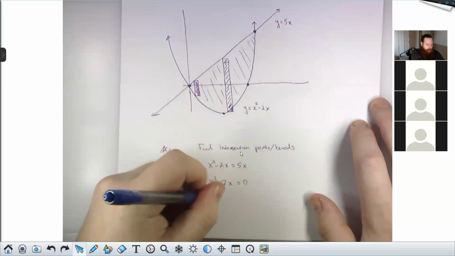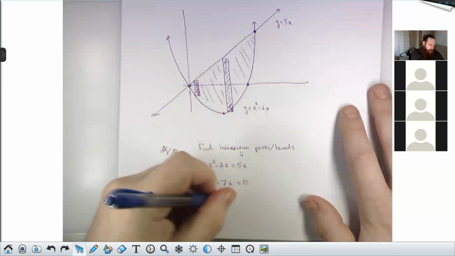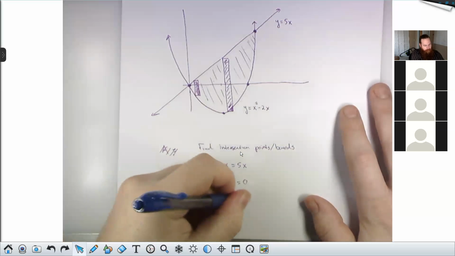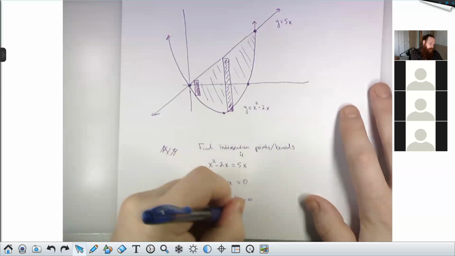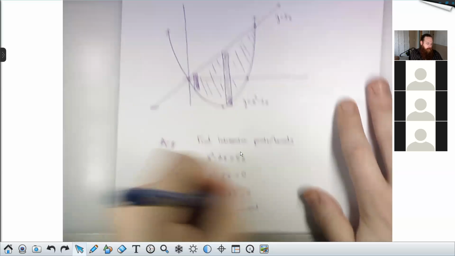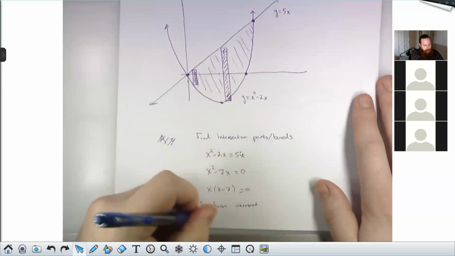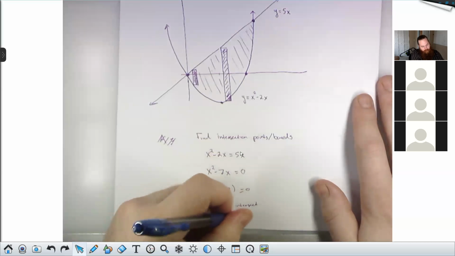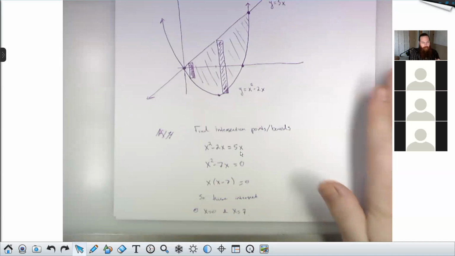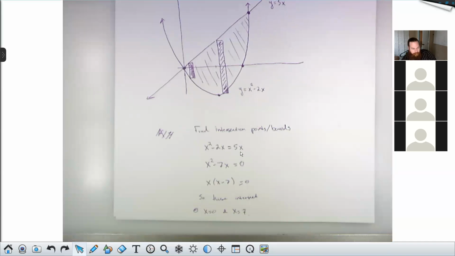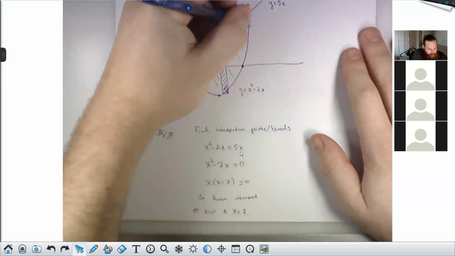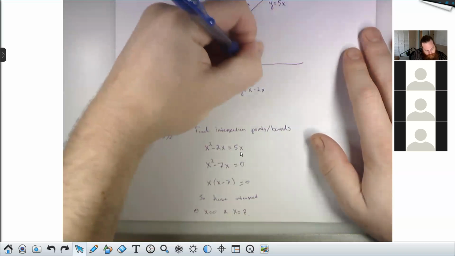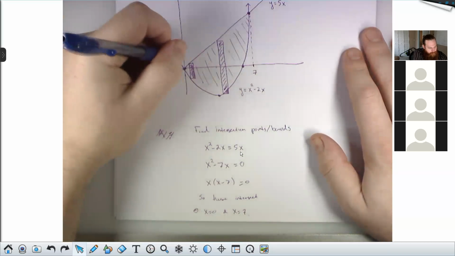So that factors as x times x minus 7 equals 0. So these intersect at x equals 0 and x equals 7. So that tells me that this guy right here, that's x equals 7. This guy over here is obviously x equals 0.